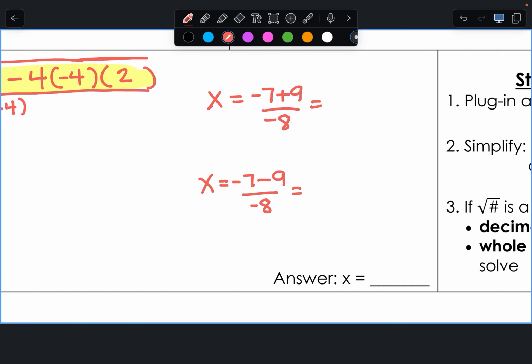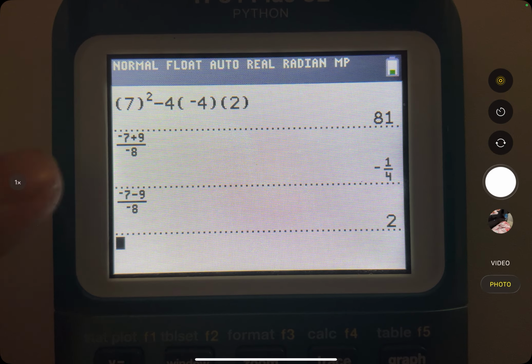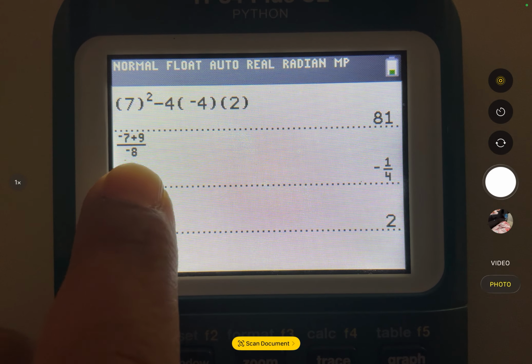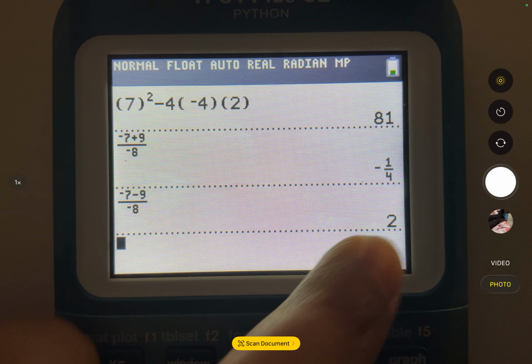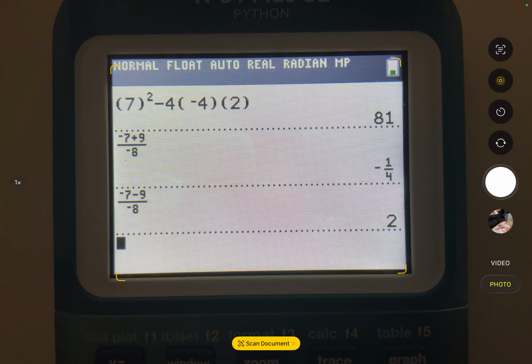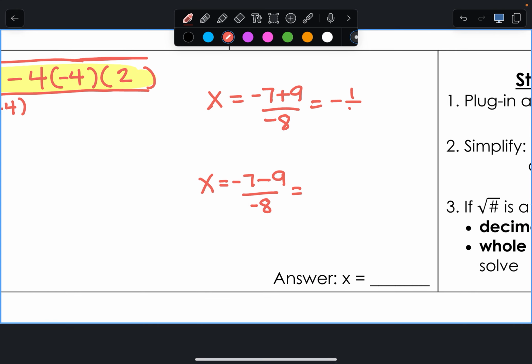The first one gives you -1/4. The other one gives you positive 2.